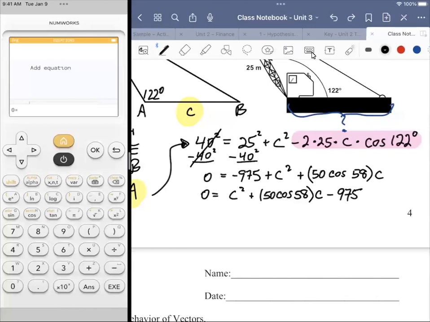Honestly, I've never tried it using some letter other than the variables like the x, n, t, or theta. So I would just go with x squared plus 50 cosine 58, close it up, throw an x there instead of the c, and then minus 975.